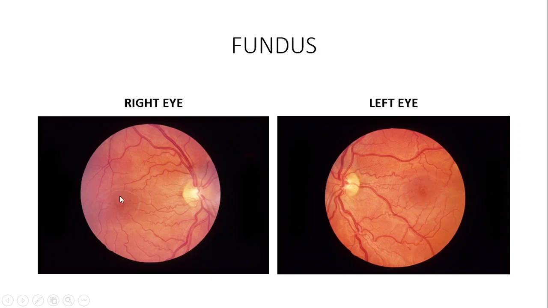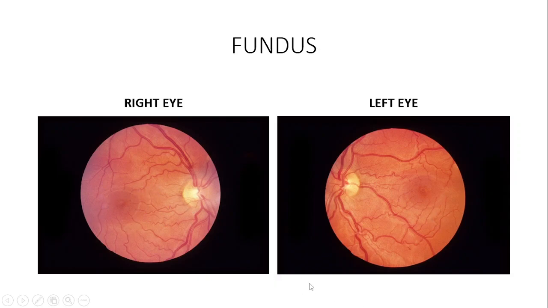On the retina, this is your macula. The most anterior portion of the optic nerve is known as the optic disc. That is the optic disc, and this is the retina as a whole. Temporal to the disc is the macula.